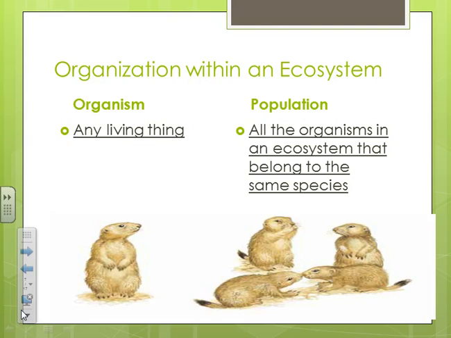So we could essentially say that we are a population of Homo sapiens. Each one of you individually is an organism, but all the organisms that exist within Ms. Ungerleider's ecosystem, okay, we've got a population of 8th grade students. You all belong to the same species. So are you seeing how organism is like one, population is like more than one? Yeah?